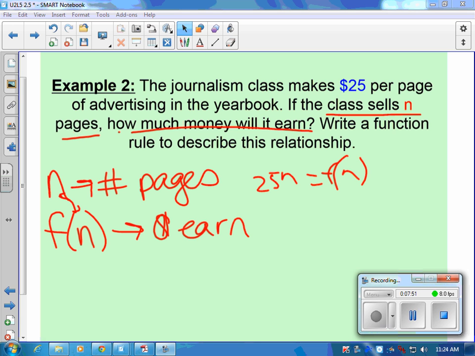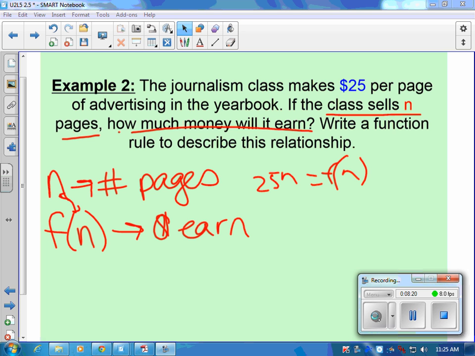Okay, I earn $25 per page of advertising. So let's say, not even thinking about our function, let's just think about this. If I earn $25 for every page, how much would I earn if I sold 4 pages? $100? What'd you do to get that number, Joe? Okay, so we took 25 times the number of pages, and that told me how much money I would make.